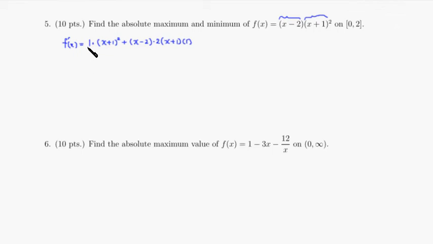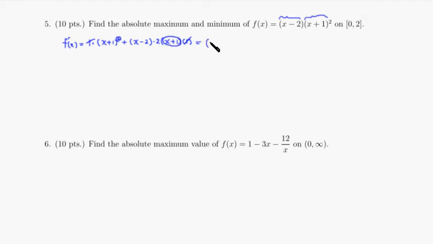Since multiplying by 1 doesn't really do anything, I'm going to cross that out so that we don't get confused. Then factor out. You can see that there's x plus 1 here, x plus 1. So I'm going to factor one of the x plus 1 out.